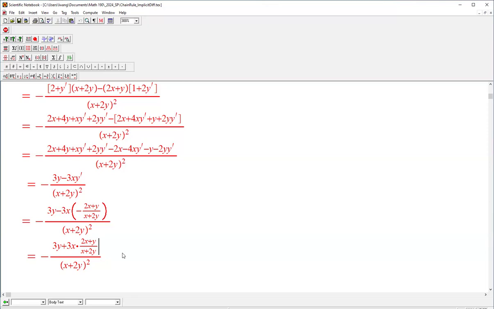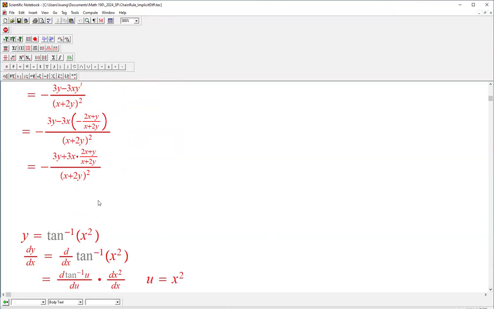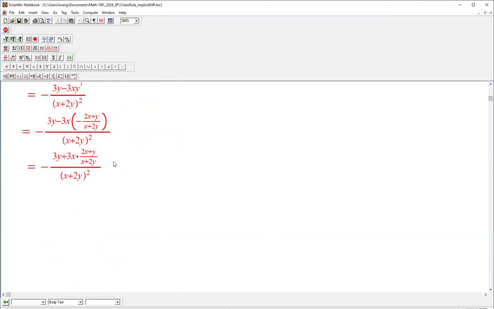To take care of this complex fraction, usually we have to do some more algebraic work, which is common denominator is x plus 2y. Okay, so I'm going to take this x plus 2y, multiply the top and the bottom. So multiply by 1. The bottom is going to make the x plus 2y squared to x plus 2y to the power 3.